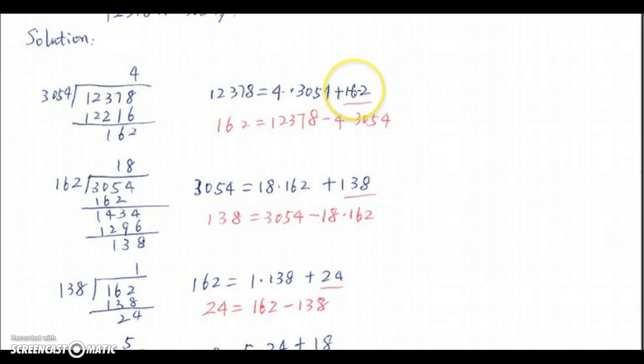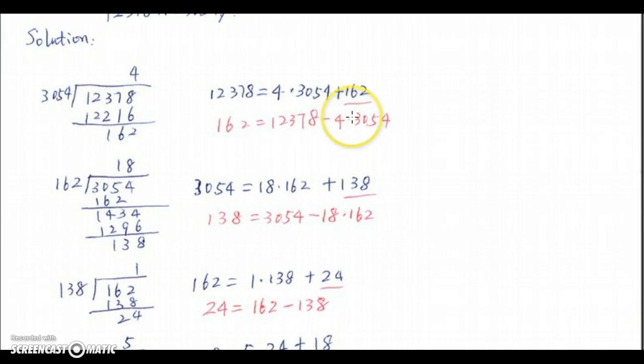So for 162, we subtract 4 times 3,054 from both sides. The remainder is always the dividend minus the quotient times the divisor. So we get 162. It's kind of like if we have this much money and we spend this much, we have $162 left.